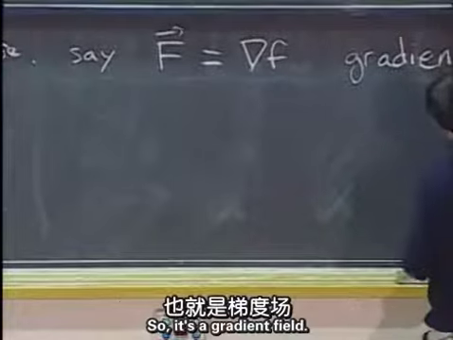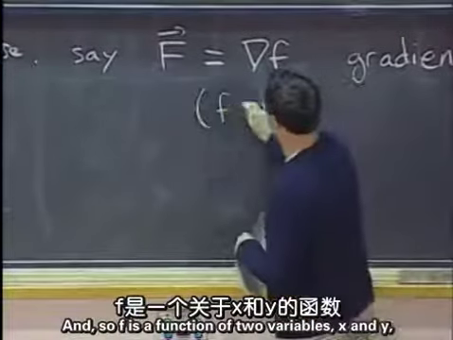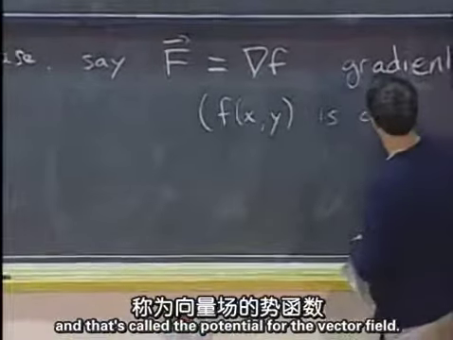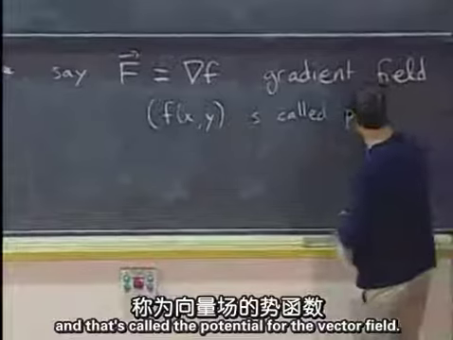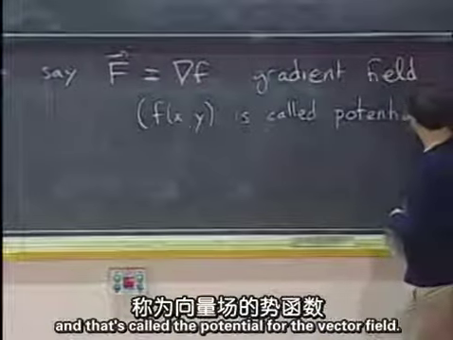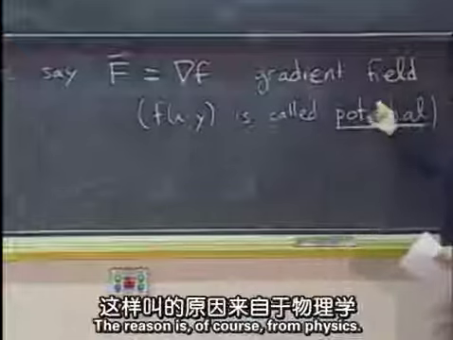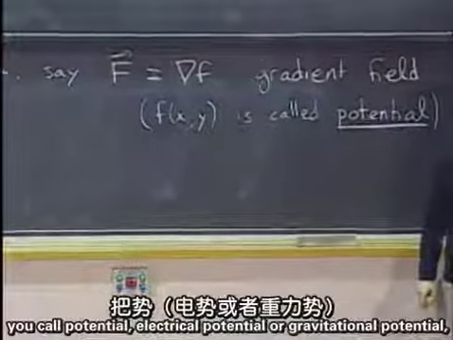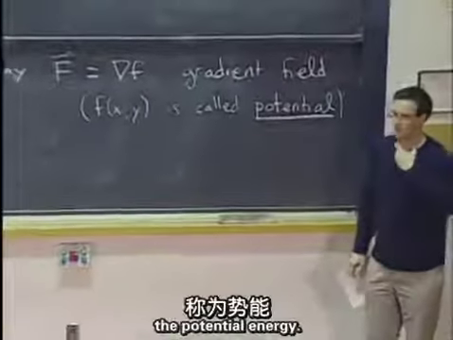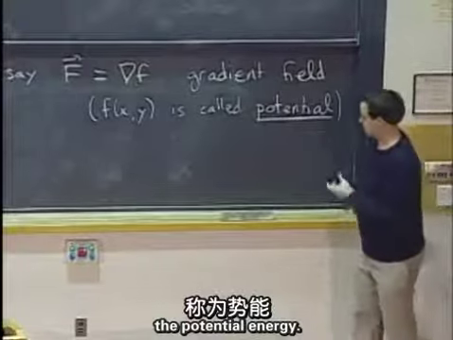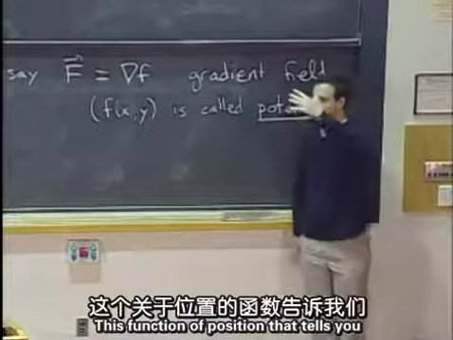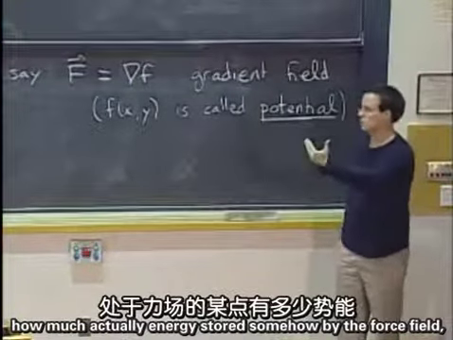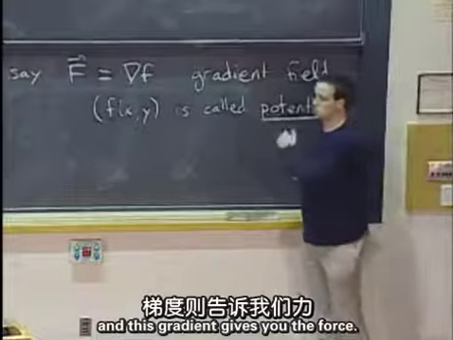So f is a function of two variables, x and y, and that's called the potential for the vector field. The reason is, of course, from physics. In physics, you call it electrical potential or gravitational potential, or potential energy, this function of position that tells you how much energy is stored by the force field, and its gradient gives you the force.